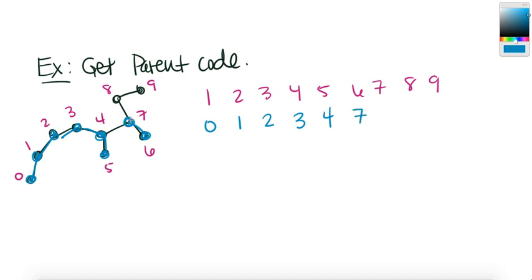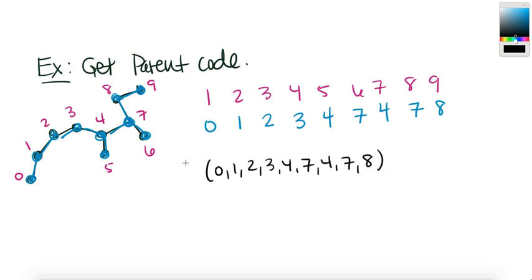From 7, closer to the root gives me 4. From 8, closer to the root gives me 7. And from 9, closer to the root gives me 8. So our parent code here is 0, 1, 2, 3, 4, 7, 4, 7, 8. Okay. So here is our parent code.